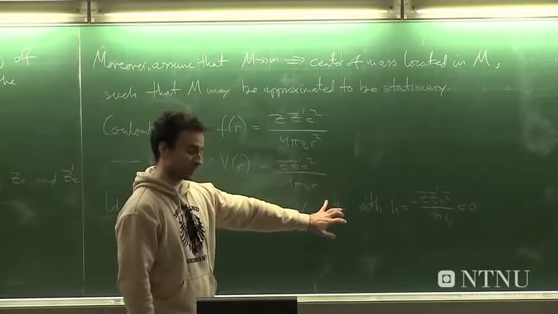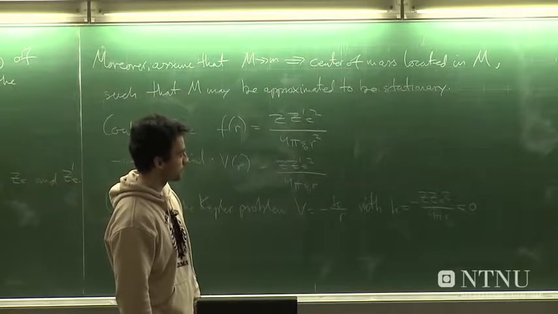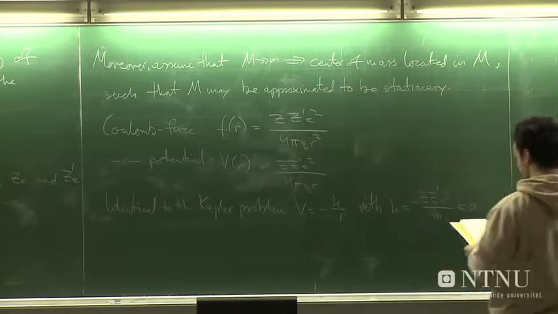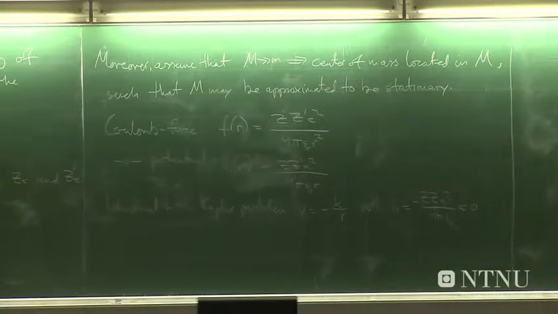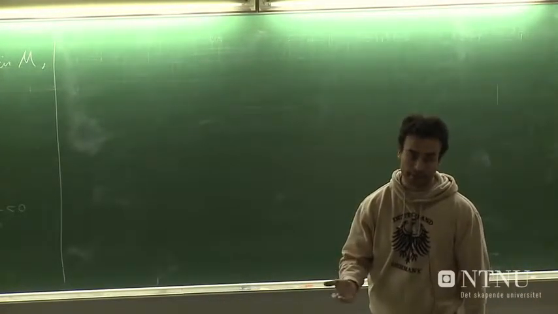Namely that this constant k is now negative. This has profound implications for the type of orbit that we can expect.